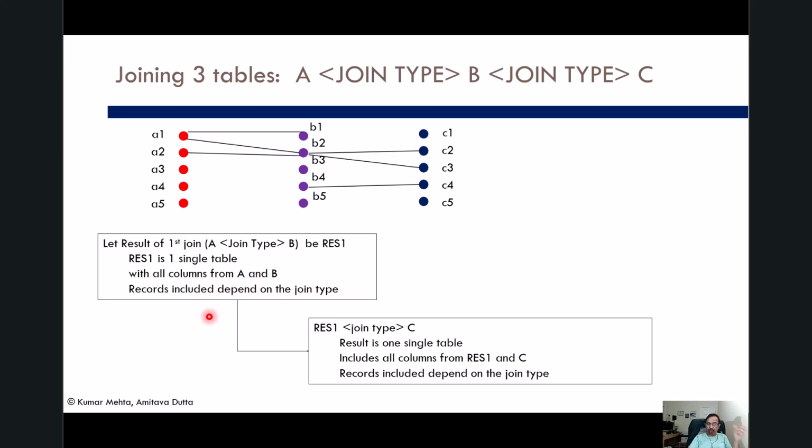Is it an inner join, a left join, right join, full join? You saw from the 4 examples that we just discussed that even though you have the same 2 tables, depending on the type of join that you're using, the results are different. So that concept will apply again over here. All that this statement is saying is, if you're joining multiple tables together, you join the first 2, that gives you 1 table. Then you take that resulting table and join it with the third.